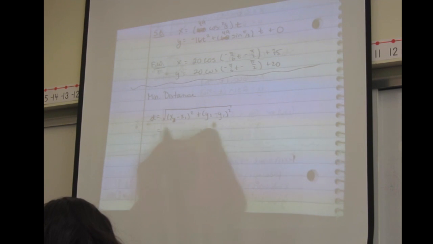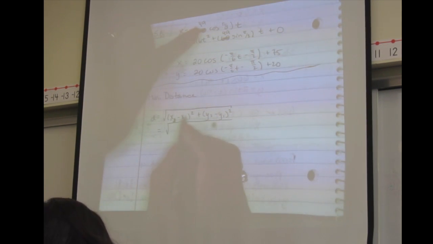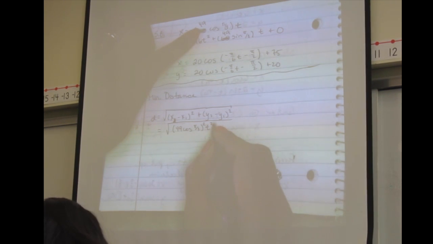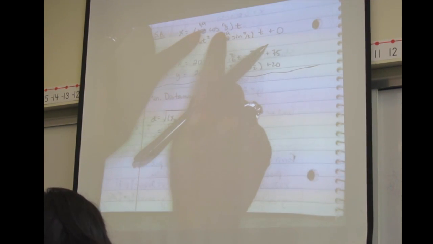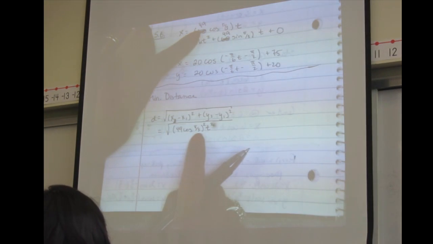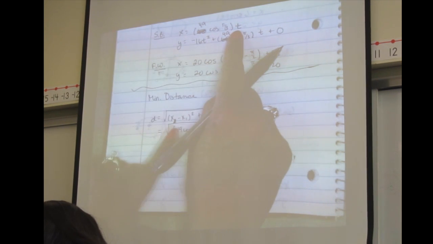Okay, so now what we do is square root of this squared, 49 cosine pi over 3 t, squared, right? This all squared is 49 cosine pi over 3 t squared.